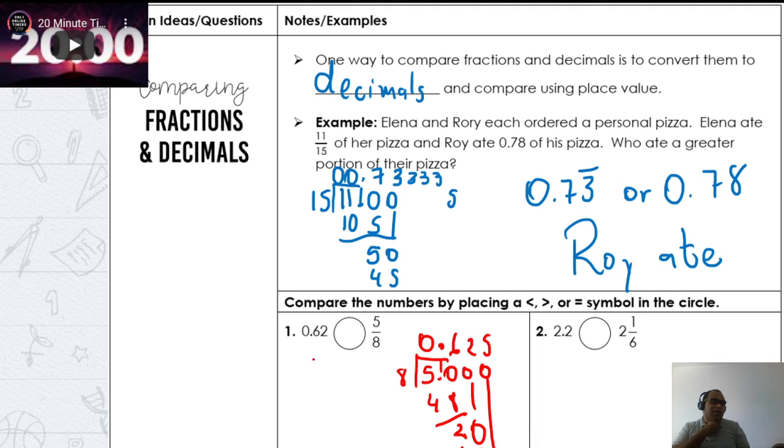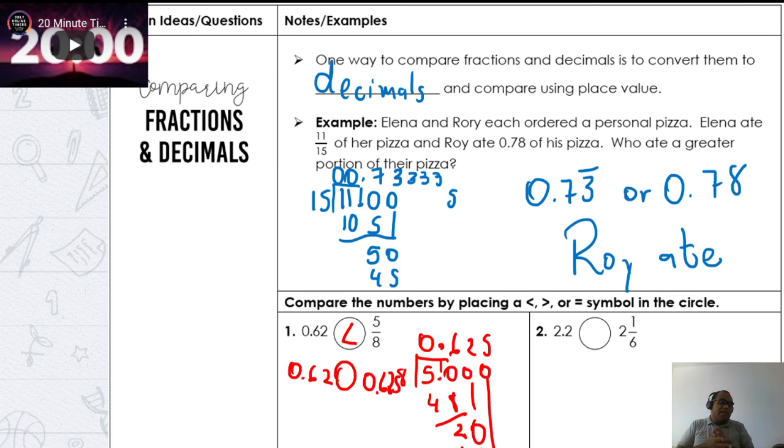My result here is 0.625. Who is the biggest? This one is the biggest, guys. 5/8 is bigger than 62 hundredths.